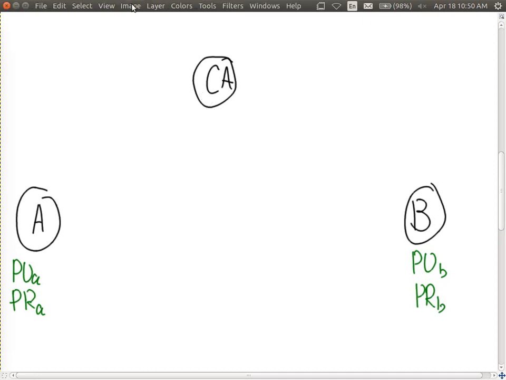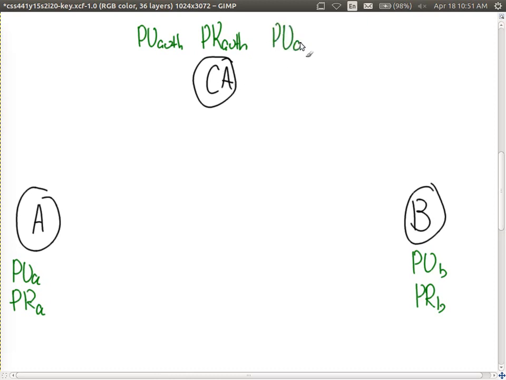Similar, the authority has its own pair. And in the manual exchange, A gives its public key to the authority, and the CA, the authority, gives its public key to the user A. And similar, there's a manual exchange between B and CA.